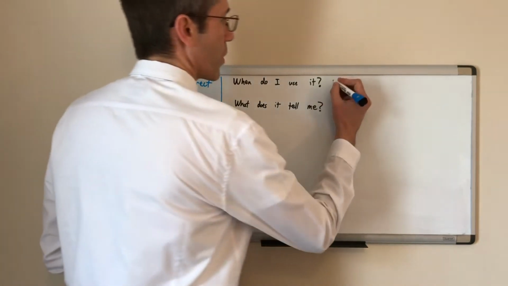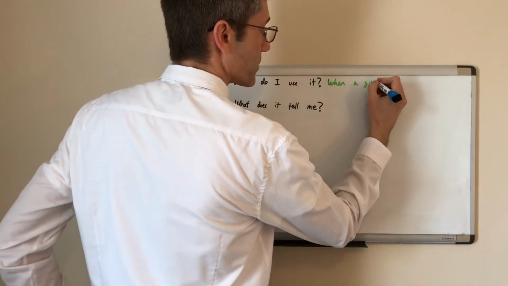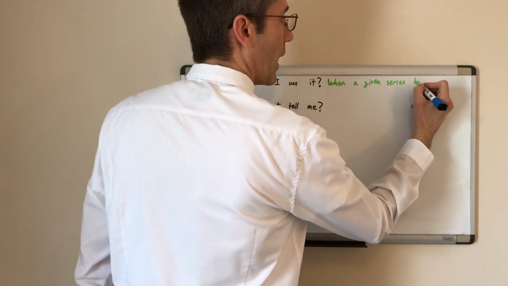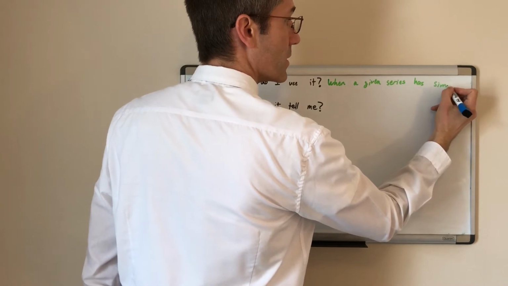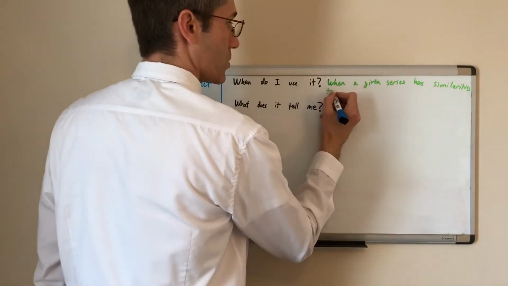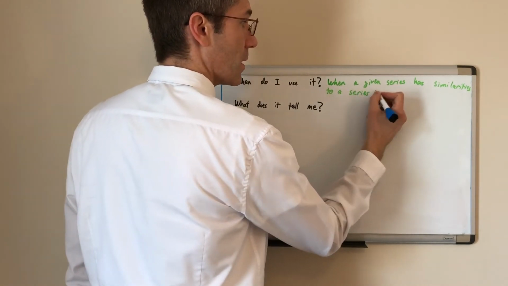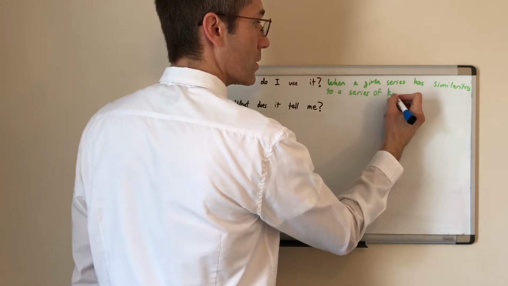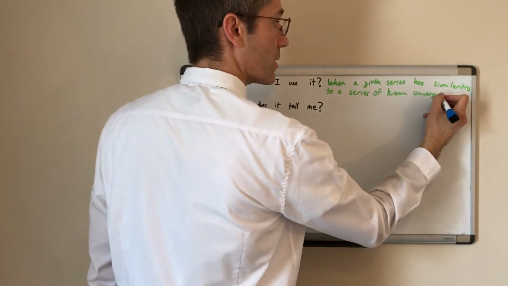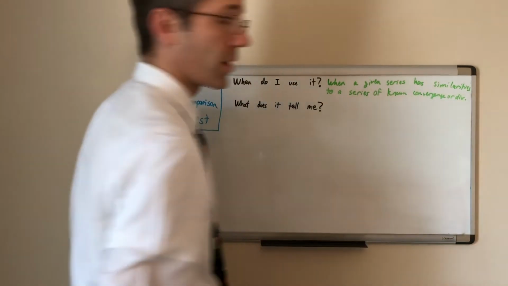When do I use it? Well, I use it when a given series has similarities to a series of known convergence or divergence, and I'm going to abbreviate because I'm running out of room.